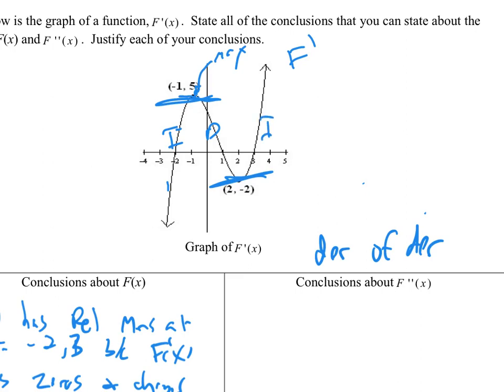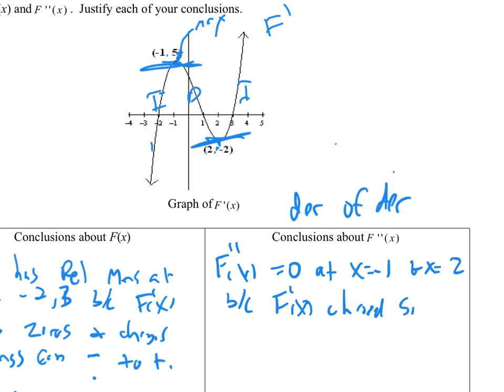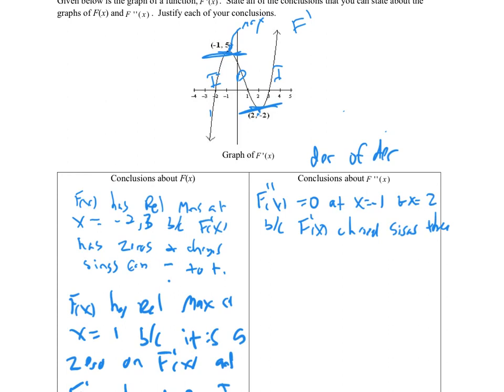And decreasing to increasing, this would be a 0 on the second derivative. So why don't I say that? f double prime of x equals 0 at x equals negative 1 and x equals 2, because f prime of x changed signs. There. Now I can be more specific. So those are zeros on the second derivative graph.